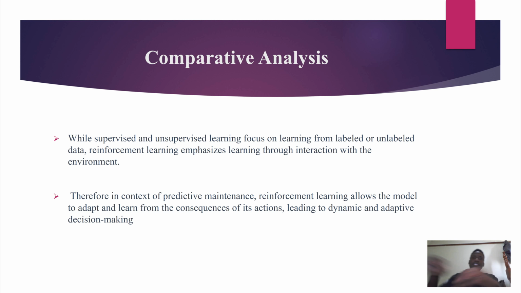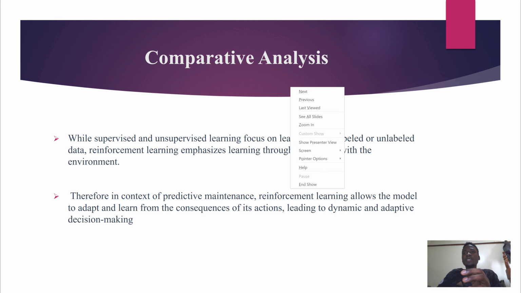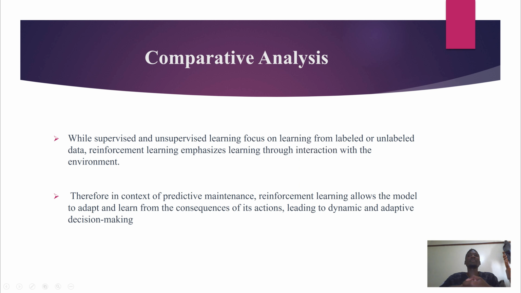So therefore, in context to predictive maintenance, which is our project, reinforcement learning allows a model to adapt and learn from the consequences of its own actions, leading to dynamic and adaptive decision making. So basically, reinforcement learning would be the best machine learning algorithm to use.